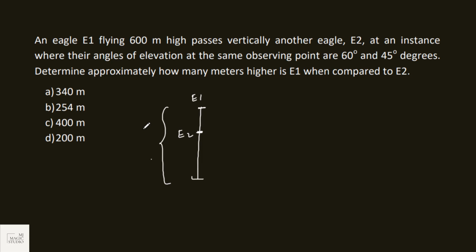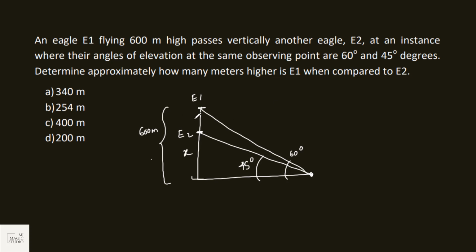Given that this is 600 meters, at an instance where their angles of elevation at the same observing point are 60 degrees and 45 degrees respectively. Determine approximately how many meters higher is E1 compared to E2.